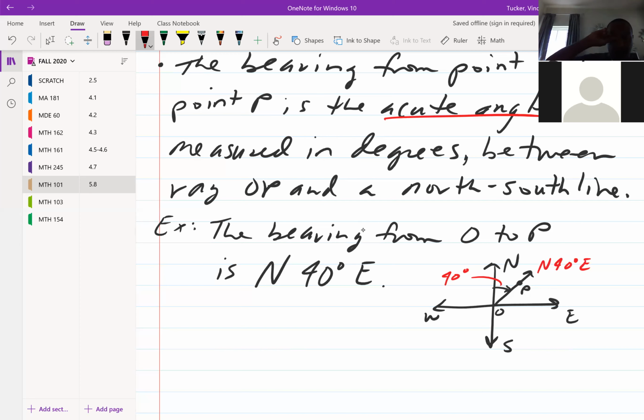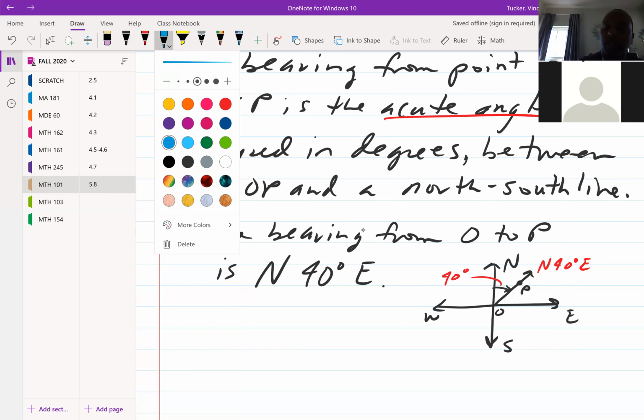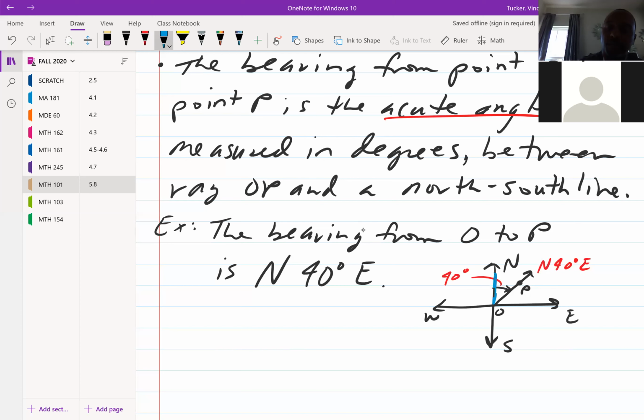Notice that the direction of an angle comes from your north-south line. So it starts here and then goes 40 degrees to the right because it's saying east.